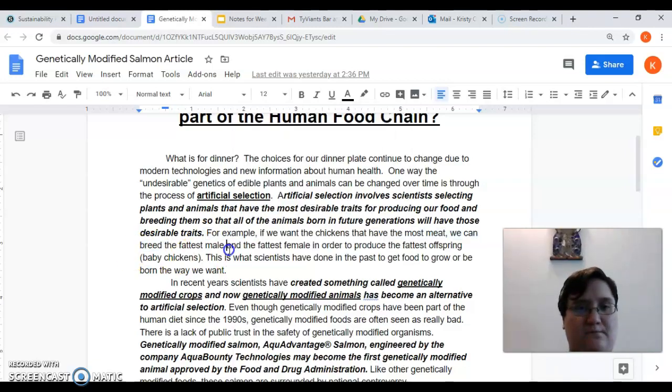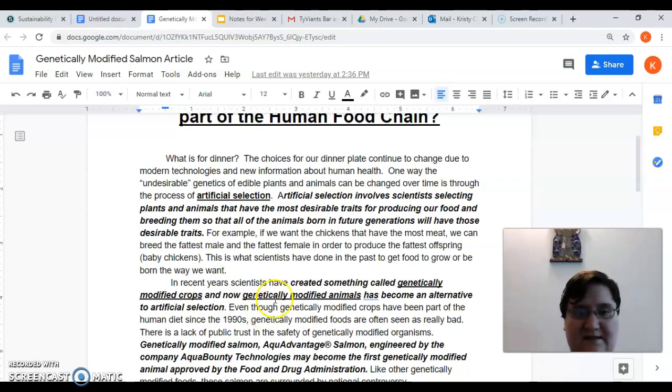If we want the chickens that have the most meat, we can breed the fattest male and the fattest female in order to produce the fattest offspring. And in this case, the offspring are baby chickens, just the babies of the two, the male and the female. This is what scientists have done in the past to get food to grow or be born the way that we want it to look, right?